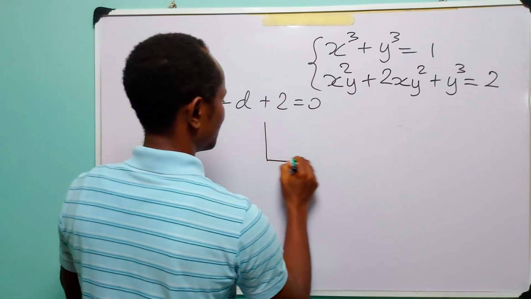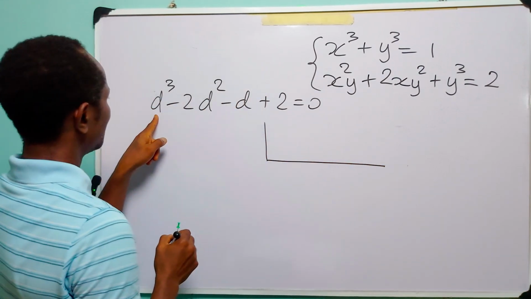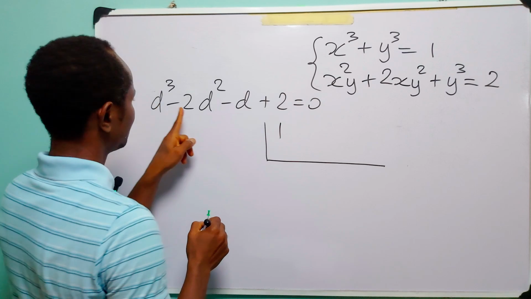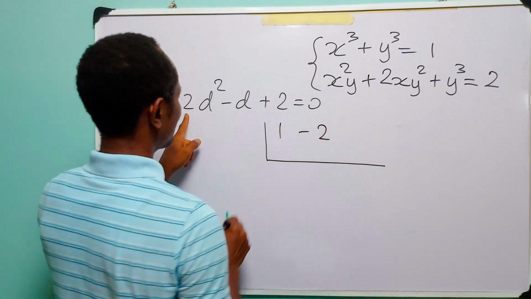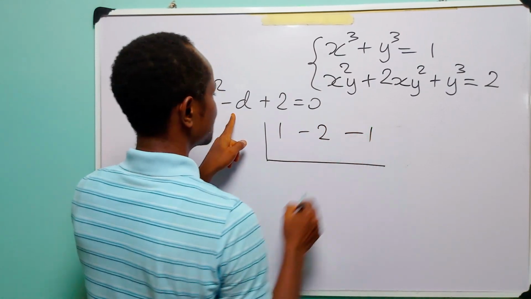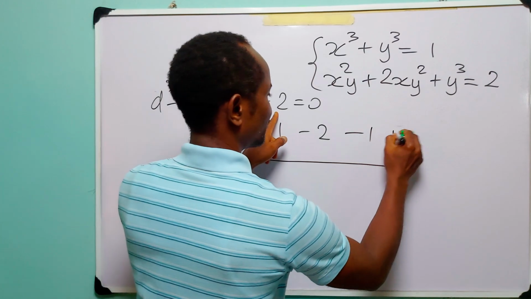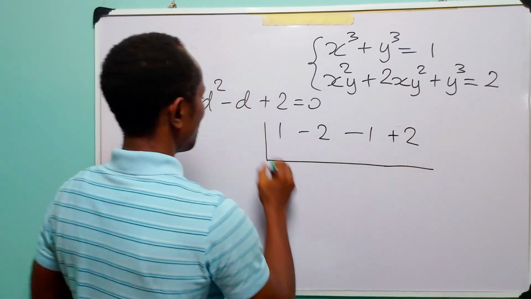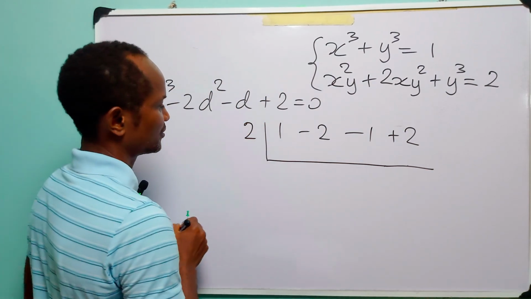So the coefficient is 1. The coefficient is -2. The coefficient is -1. And the coefficient is +2. Of course, we are dividing with 2.